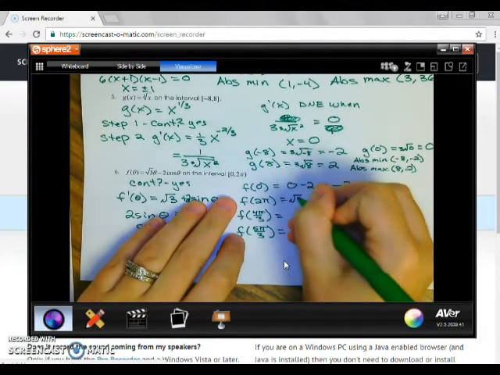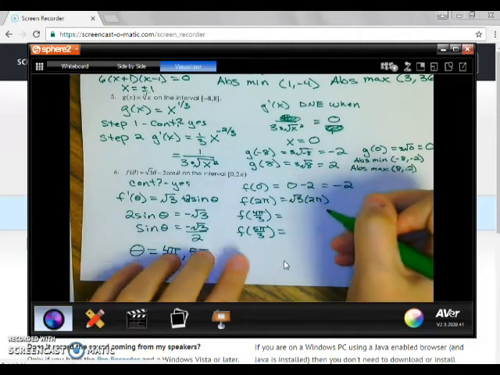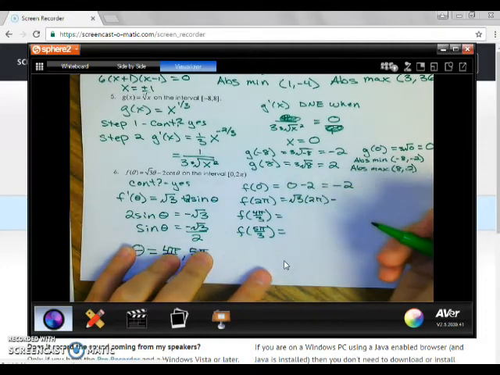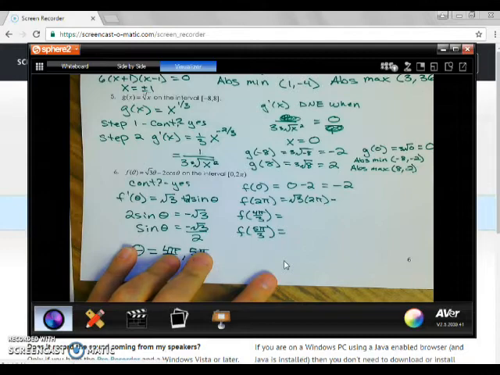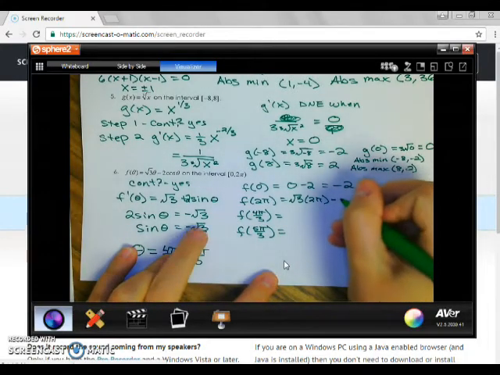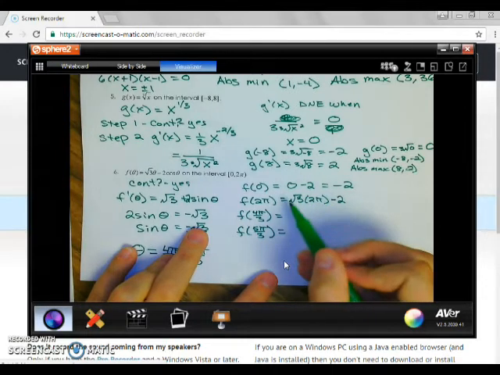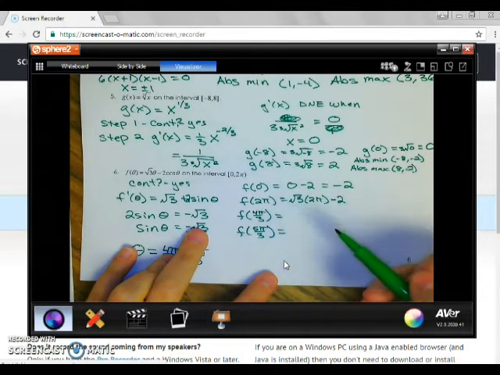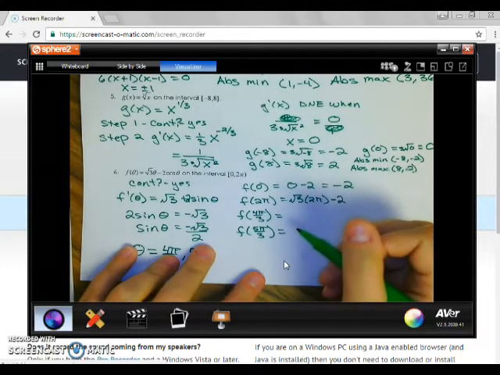And then I also have minus 2 cosine of 2 pi. Well, the cosine of 2 pi is 1, and 1 times negative 2 is minus 2 again. So you have to use your calculator to give you an approximation for that. Okay, I'll just leave it like that for now and see what I get for the others.